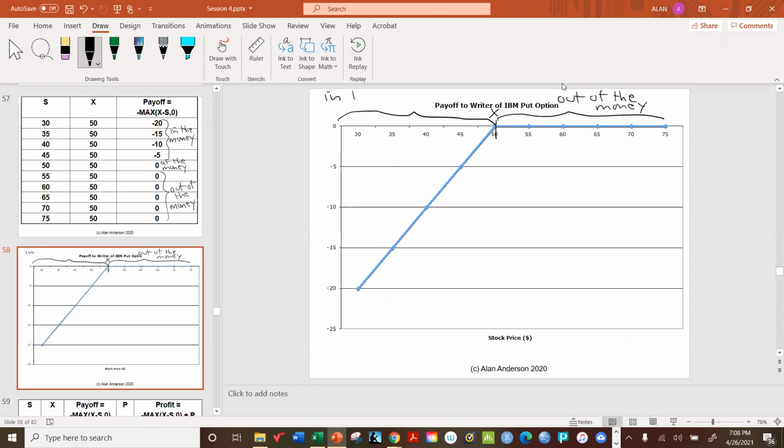And here's in the money. X, of course, is at the money.